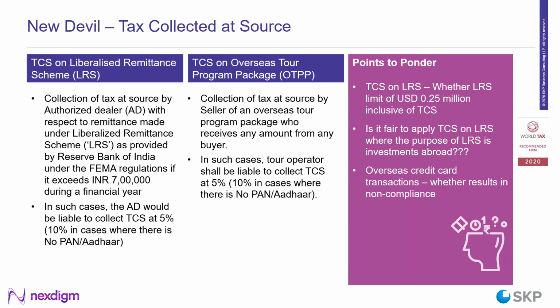So whenever as an individual, if I need to make say $100,000 as a remittance for say education of my children who is studying abroad, then there would be a 5% TCS collected by the AD banker and deposited with the government, which would be available as a tax credit to the Indian resident. Further, in order to discourage cash payments to the local tour operator, the TCS has been imposed even on those local tour operators.